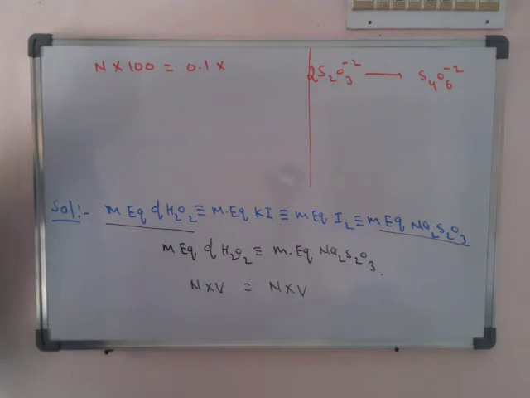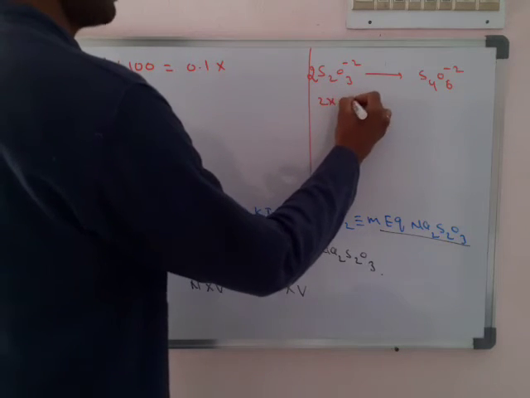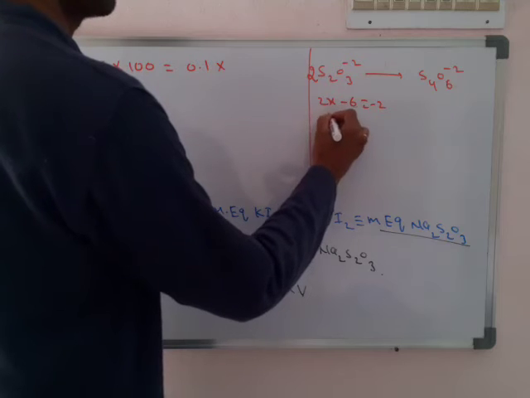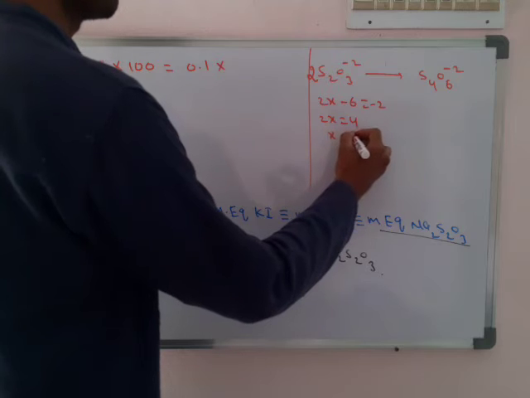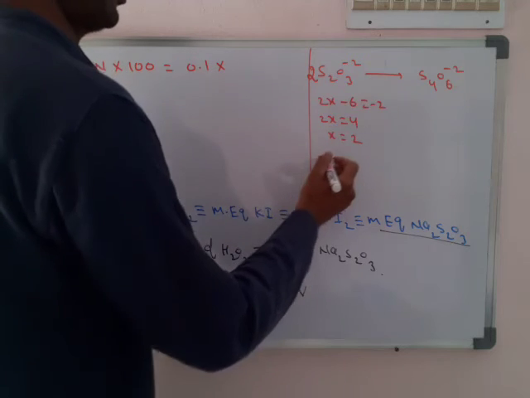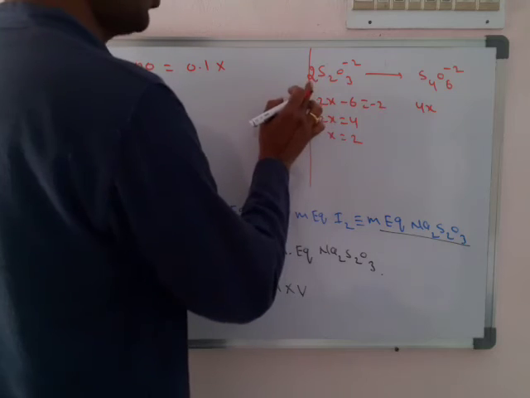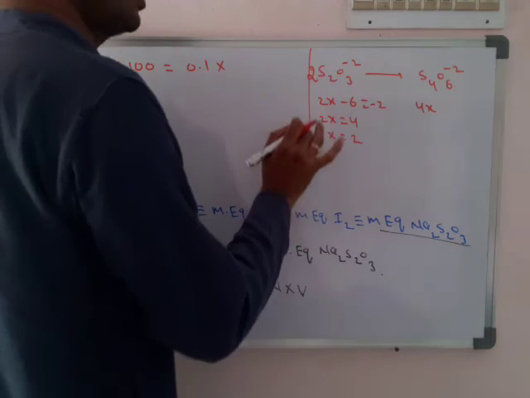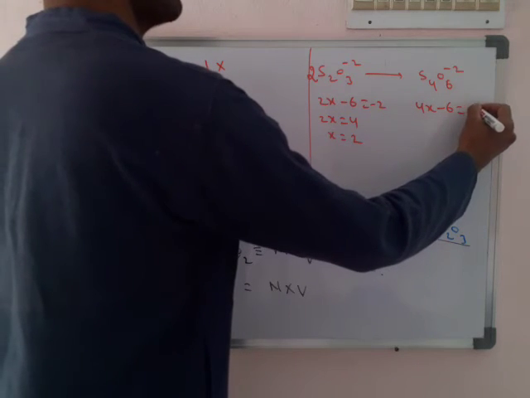So what is the sulfur oxidation number? The sulfur oxidation number change is only 2 electrons. Check the sulfur: 4x minus 6 equal to minus 2. Each sulfur is having plus 2 oxidation state in the reactant, and each oxygen is minus 2.